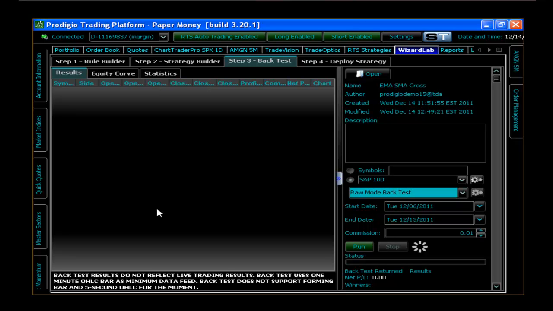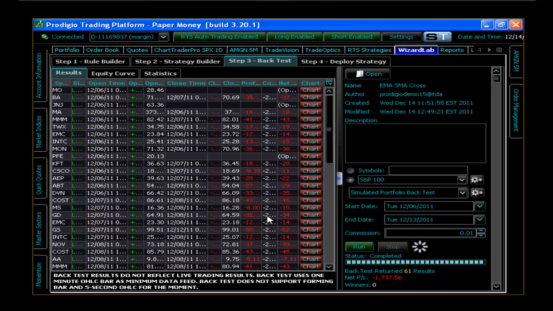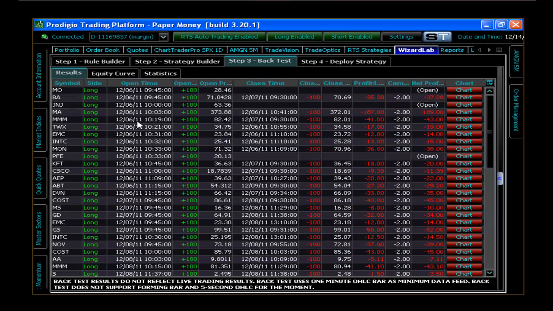But there's also a raw mode backtest, and what that does is it completely ignores buying power and it shows you all of the positions, assuming that you have kind of an infinite buying power. That's important to know if your rule is generating signals when you expect them to be generating the signals. So I can, for example, run this on a simulated portfolio backtest. It'll start running that and it'll give me a collection of results.